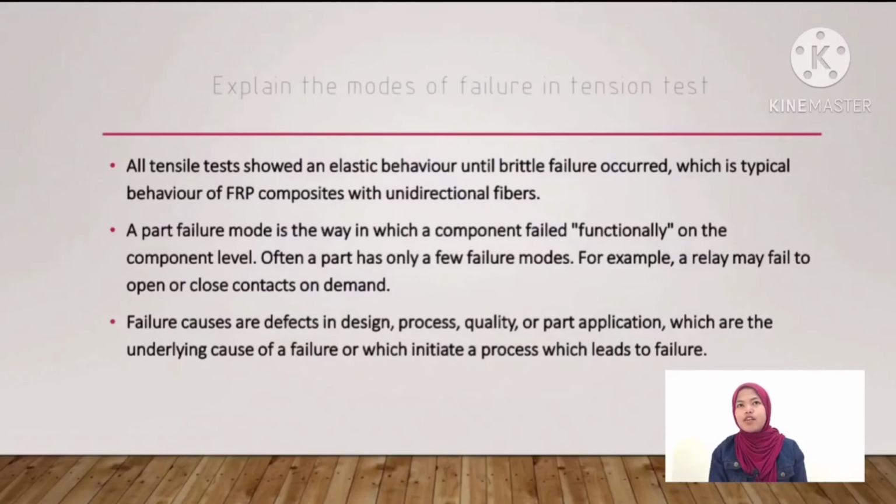Often a part has only a few failure modes. For example, a relay may fail to open or close contact on demand. Point number 3. Failure causes are defects in design, process, quality, or part application, which are the underlying cause of a failure or which start a process that leads to failure.